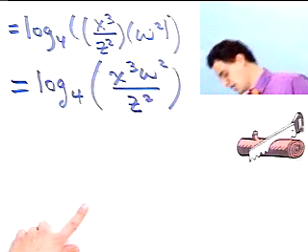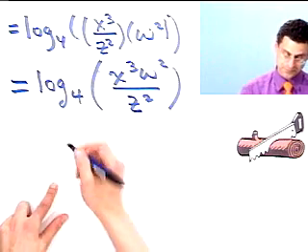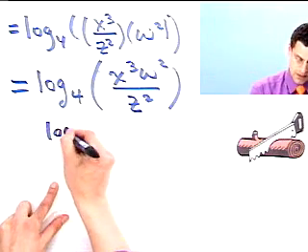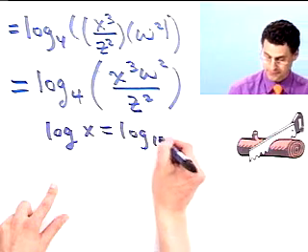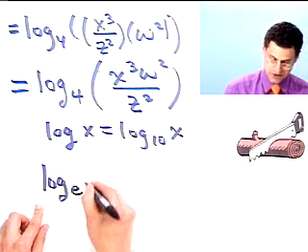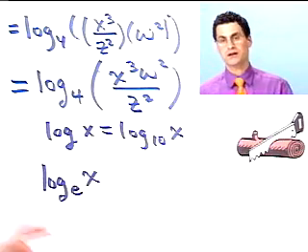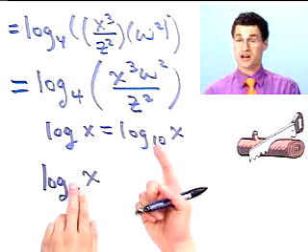Okay, another little notational thing I want to tell you about really fast. Remember, if I write a naked log, it means log base 10. It turns out that log base e, that special number, 2.71, is so important that we have a special notation for it. I can't just write naked log, because naked log, of course, is log base 10.